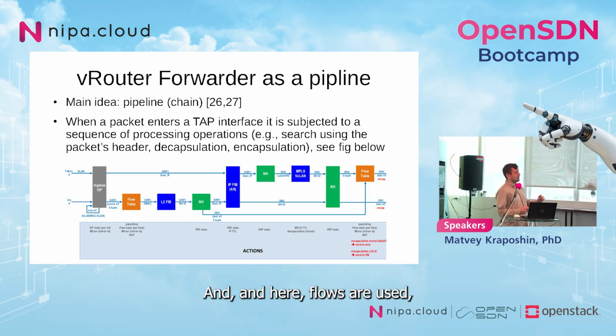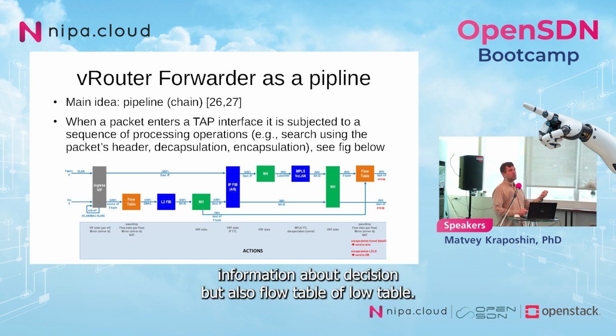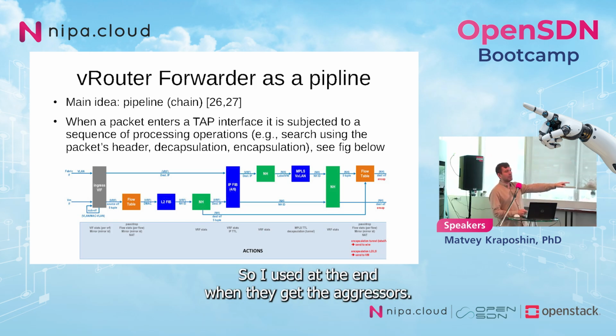And here flows are used to store this information. Flows are used primarily to store what to do with a packet, to store information about the decision. But also flow tables are used at the end when the packet egresses.